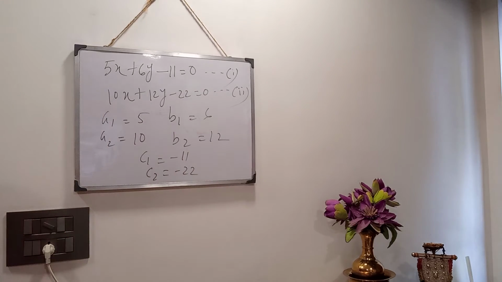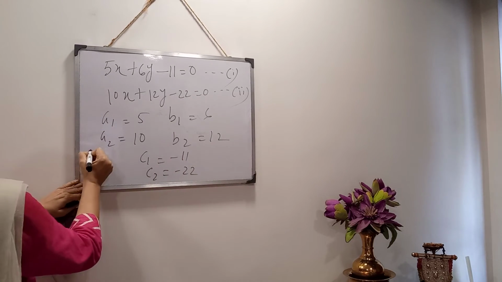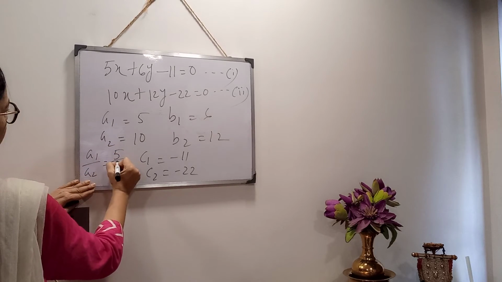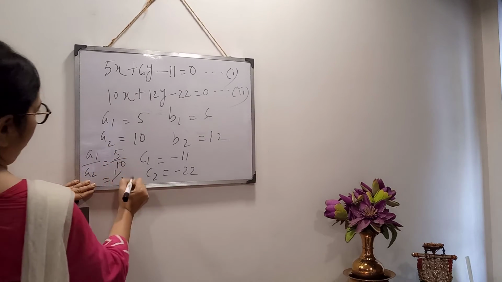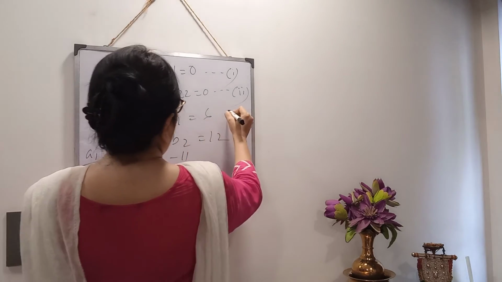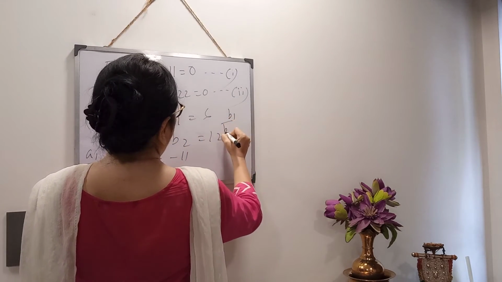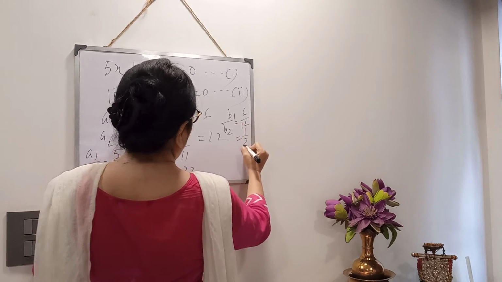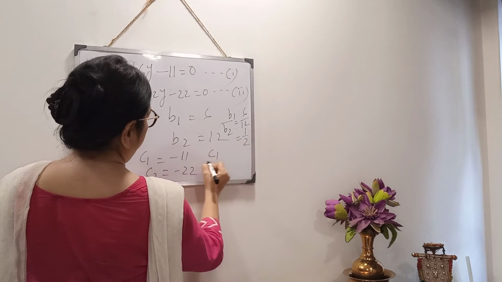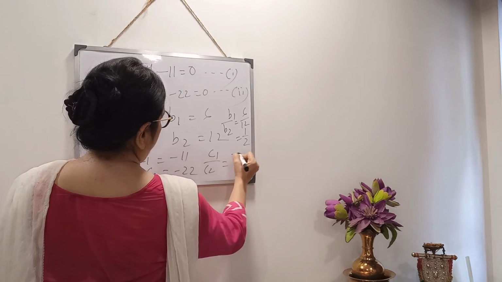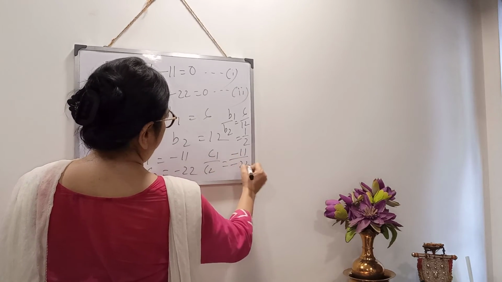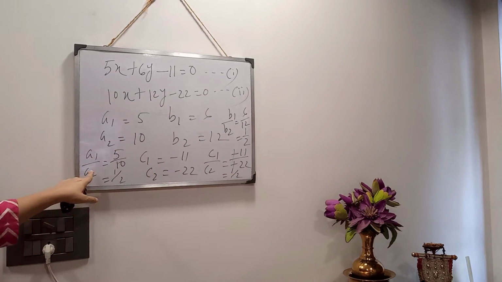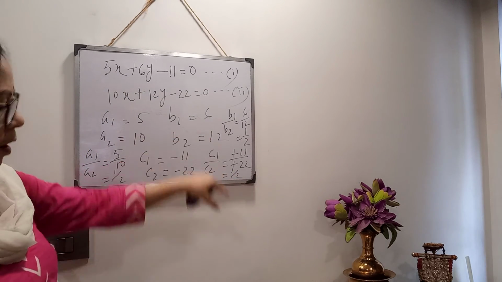Clear? Now, what is your a1 by a2? That means 5 by 10 equals to half. What is your b1 by b2? 6 by 12, that is also half. c1 by c2, minus 11 by minus 22, minus cancelled out, 1 by 2. So you have noticed here all are same, half, half, half.